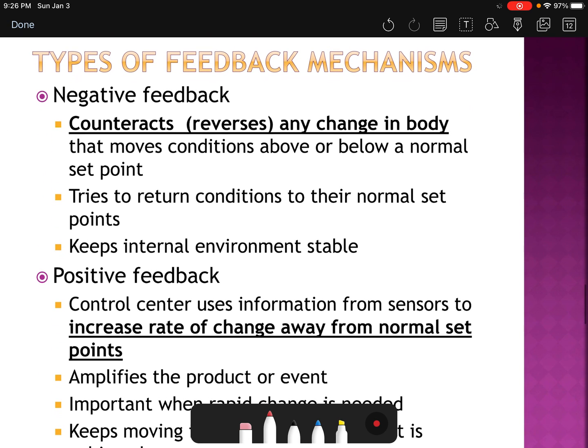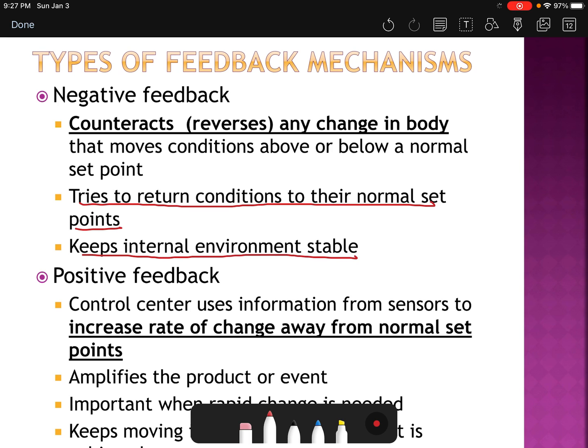So if we can compare both of them, negative feedbacks counteract or reverse any change in the body that moves your conditions above or below your normal set points. In other words, it's trying to return conditions to their normal set points. Negative feedback loops try to keep your internal environment stable.